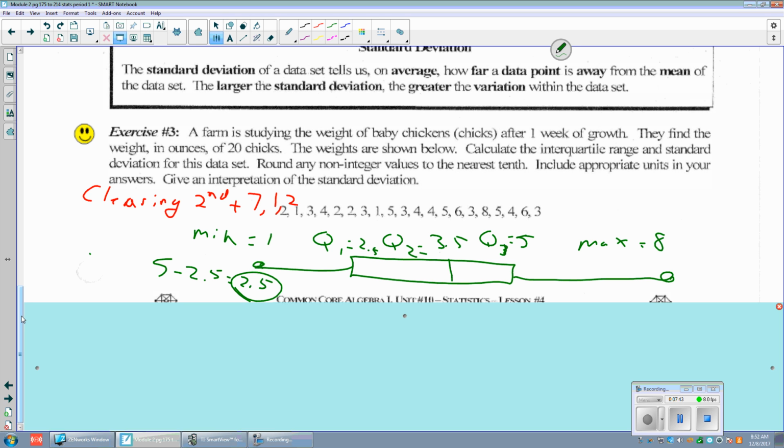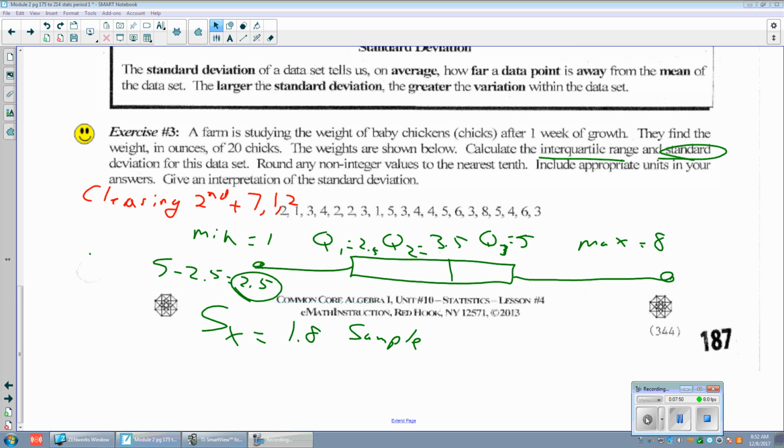Now, it says calculate the interquartile range and the standard deviation for this data set. So make sure that you write down before you do the question IQR equals and standard deviation equals, so that we know that we are answering 2 questions before going on.